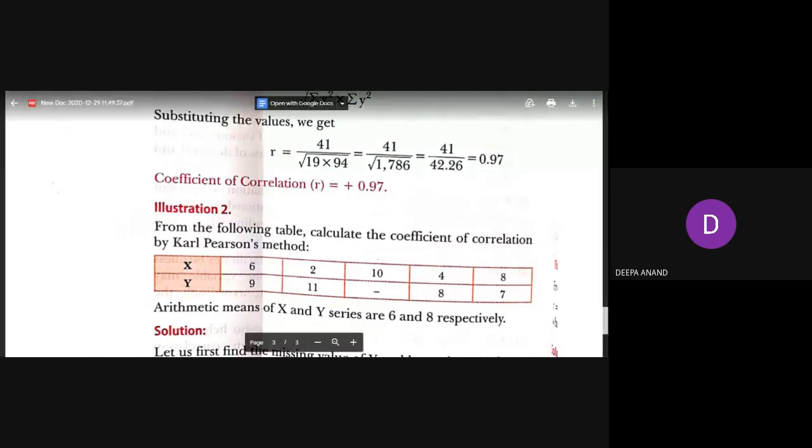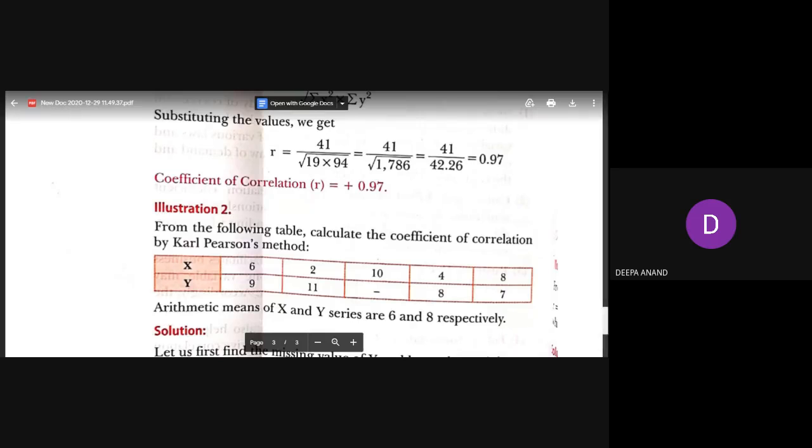Ma'am, the answer is 5. How did you get it? See, there are 1, 2, 3, 4, 5 items, and the average of those 5 items is 8. So what will the total be?